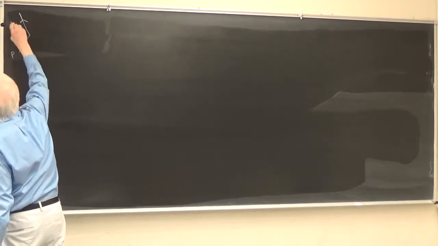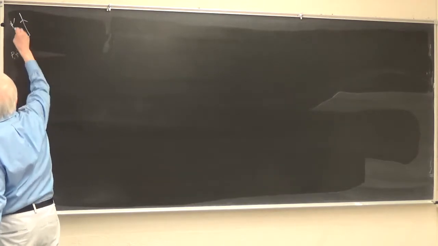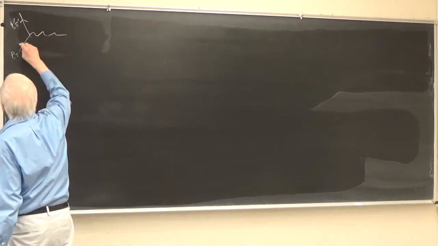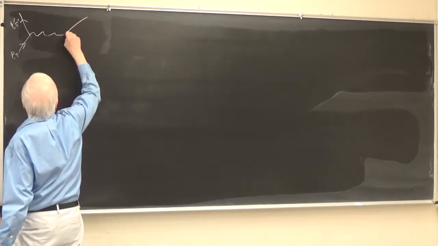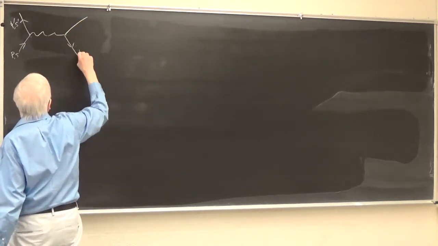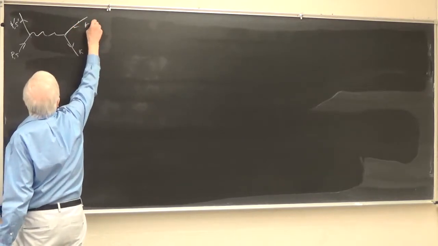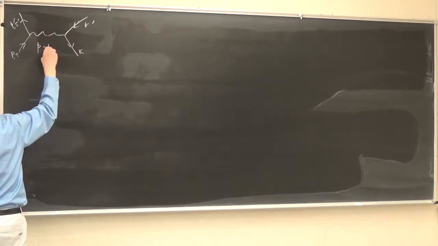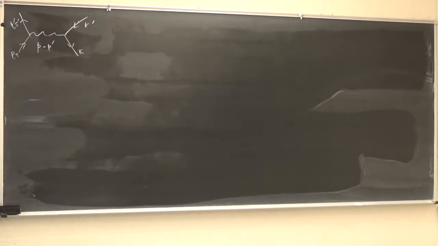The diagram in question is P, P prime, S, S prime, photon line, so it's the exchange diagram. You can see that the momentum here will be P minus P prime. Moreover, these vertices are a little bit different.